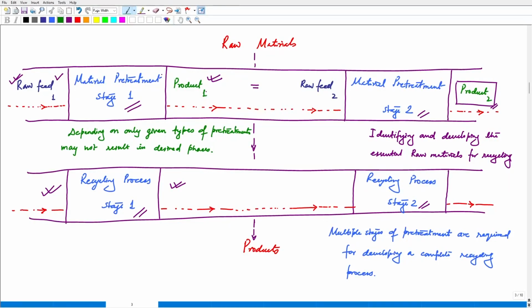Now, these processes, both pre-treatment as well as recycling processes, are devised in such a way that they complement each other. If the pre-treatment process is done in a proper way with high efficiency, it would give us raw material of higher metallic content for recycling.